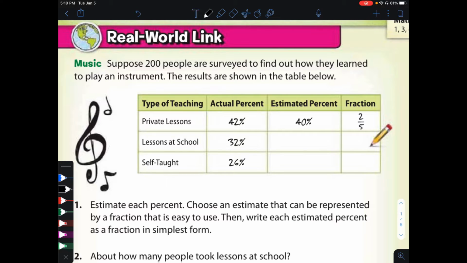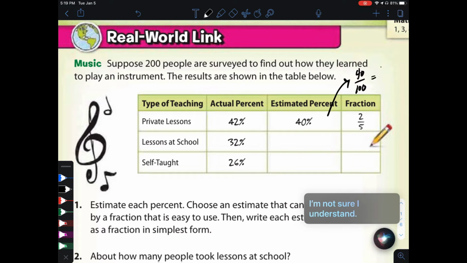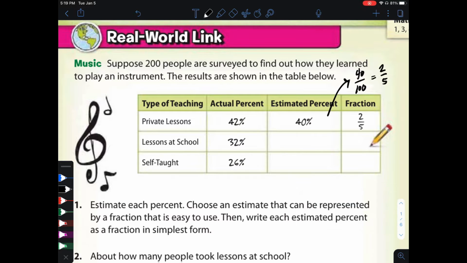How is that? Because 40% is actually 40 over 100. So 40 over 100 in simplest form is 2 over 5.